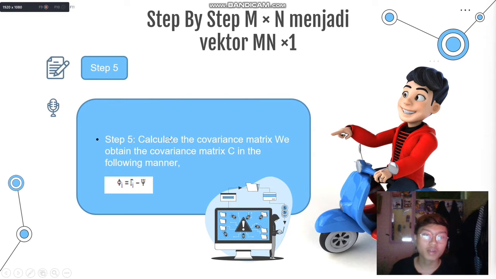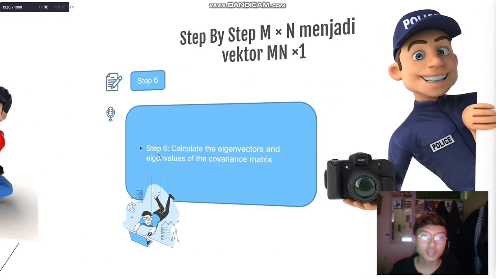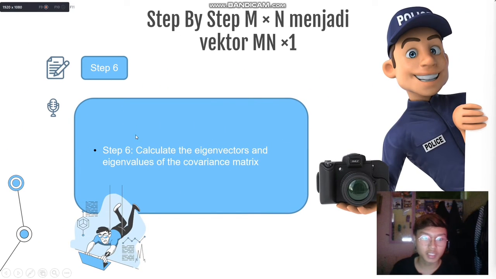Step 5, calculate the covariance matrix. We obtain the covariance matrix C in the following manner. Covariance matrix C. Next, step 6, calculate the eigenvectors and eigenvalues of the covariance matrix.